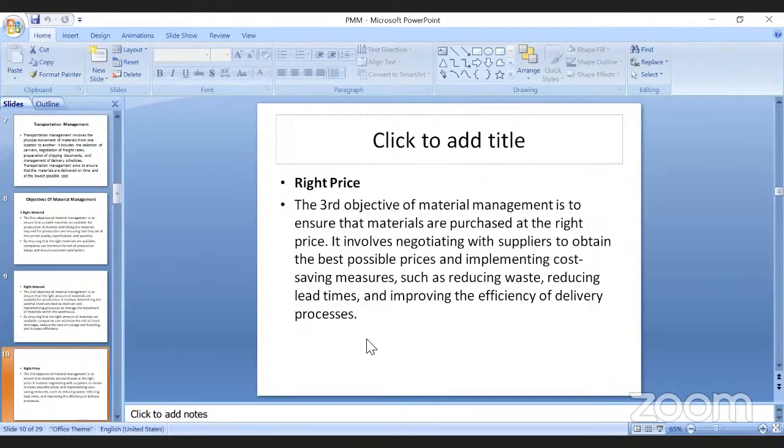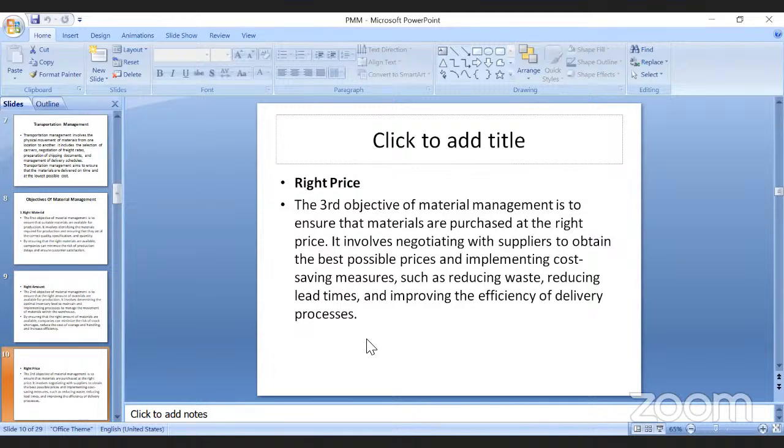You will consider material management from the point of view we are discussing. Yes or no? I said that sometimes it is situational, sometimes the market is a monopoly. For that reason I am giving this type of example. Right?